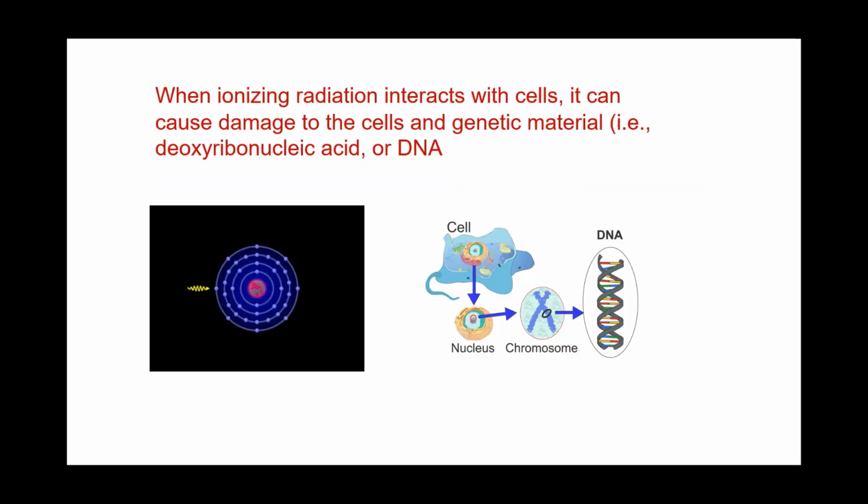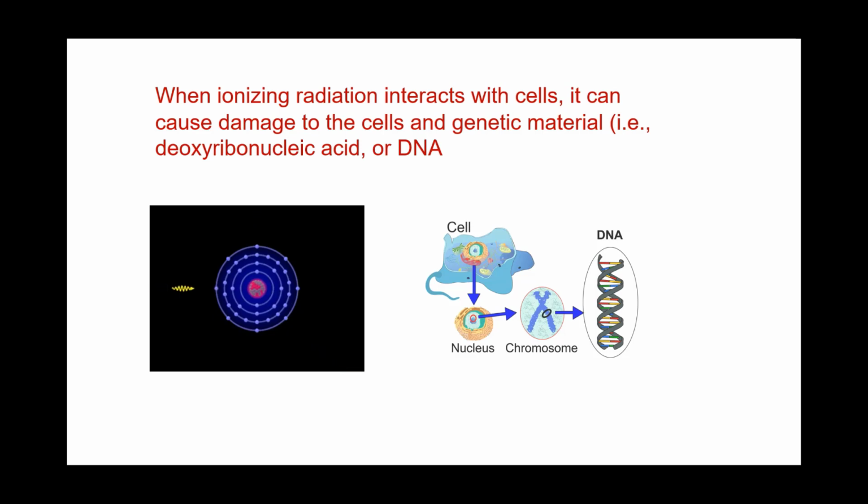When we talk about ionizing radiation, we need to make sure that we understand that it can be harmful to the cells or tissues that it interacts with. It does not necessarily mean that it will be harmful or there will be a biological effect.